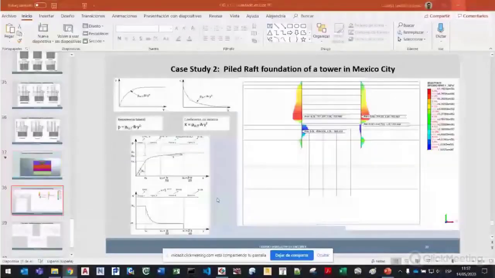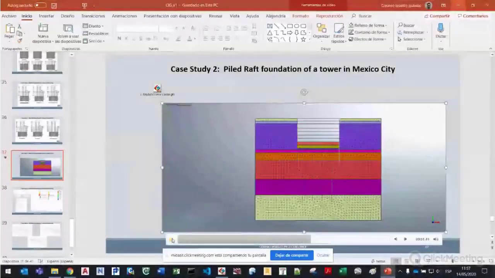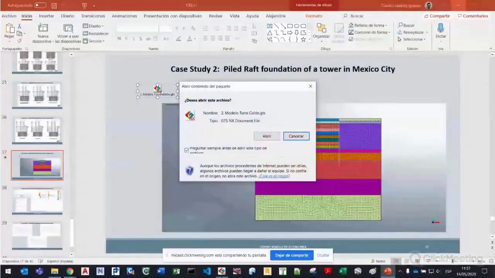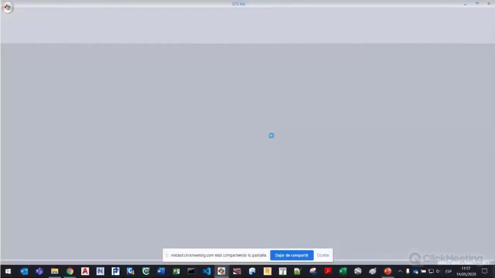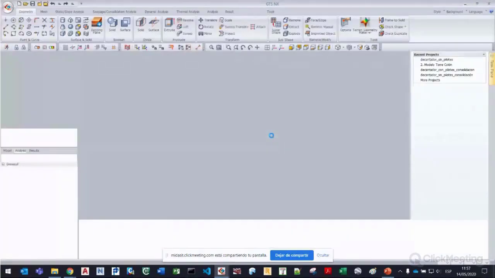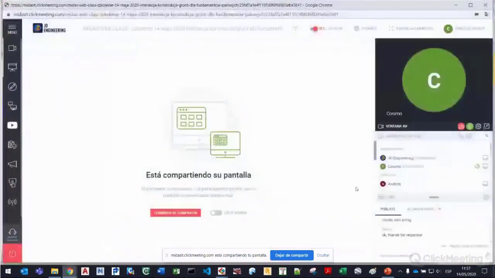Okay, I don't know if you can see my video. I hope so. So this is the construction process with the execution of the base slab, and this is also the model. Take time to open up. I hope you will. I hope you see my.